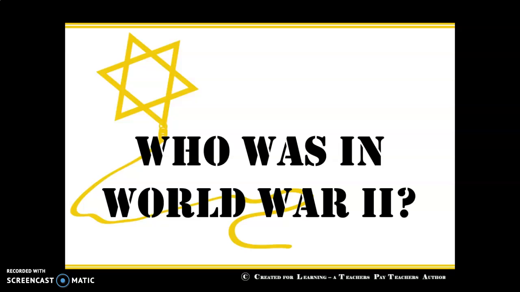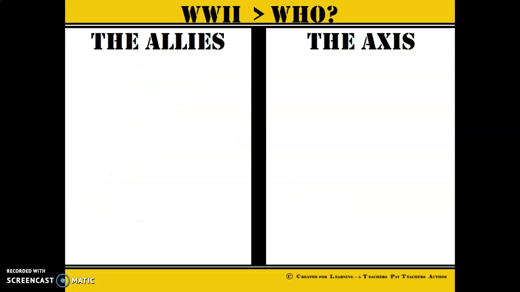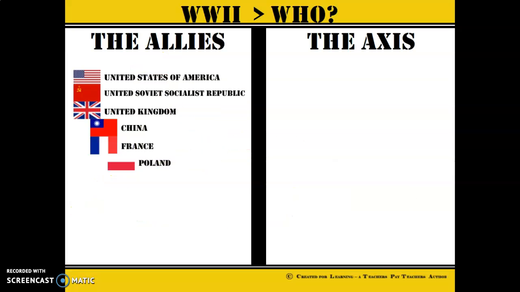So who was in World War II? A lot of us know the U.S. was in it, Germany was in it, but there were a lot of other countries. So there were 2 sides to the war. First side are the Allies, United States of America, we were in there.